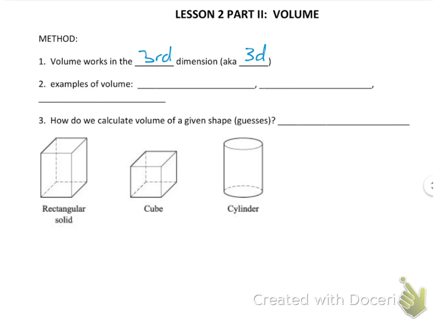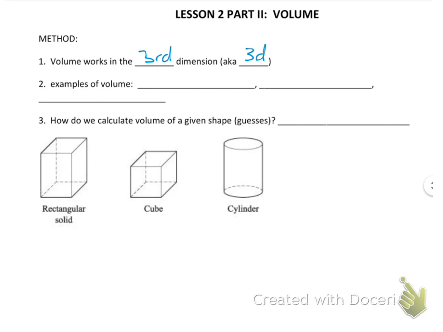If you've ever taken paint off of something that's been painted several times, there's a layer, and those layers are kind of like layers of volume, because you're taking the area and you keep on applying more and more to it, going up off of the object.